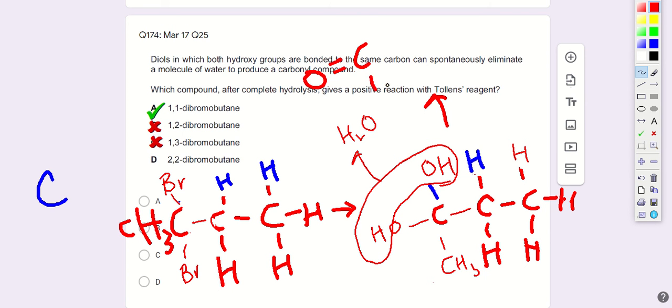Okay, it is bonded to a CH3. Then it's bonded to CH2, CH3. But this is not an aldehyde. This is a ketone because this carbon is not bonded to a H, right? This C double bond O is bonded to two alkyl groups. So this is a ketone which will not give positive reaction with Tollens reagent. So D is not the answer also. Okay, the answer to this question is A.